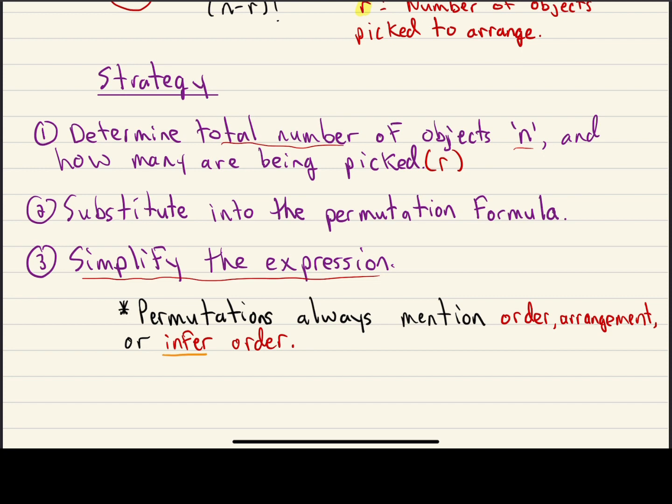Some keywords to look for are any mention of order or arrangement, or words that infer order, like unique or to isolate. Anything that infers or mentions order, or uses words like arrangement, means you're dealing with a permutation problem.